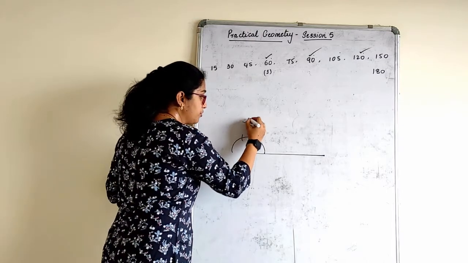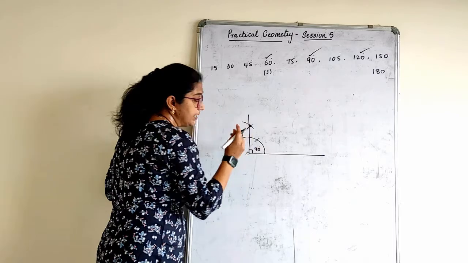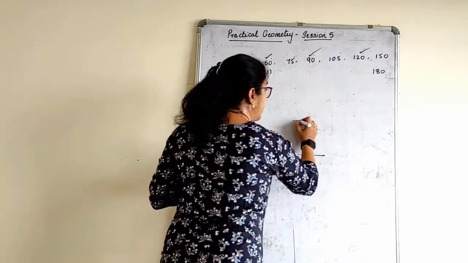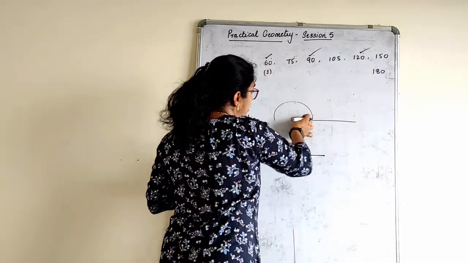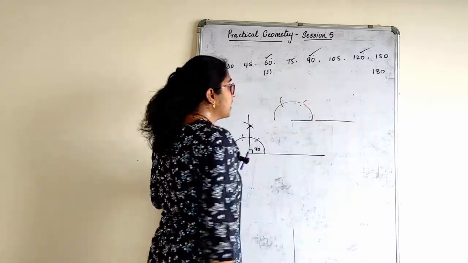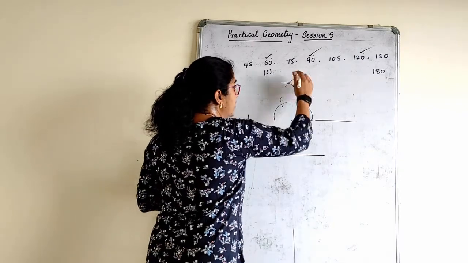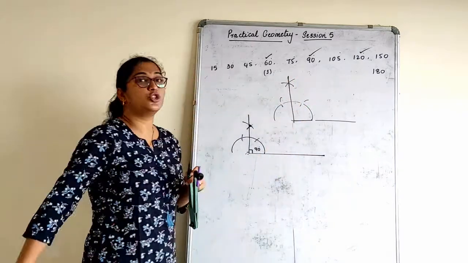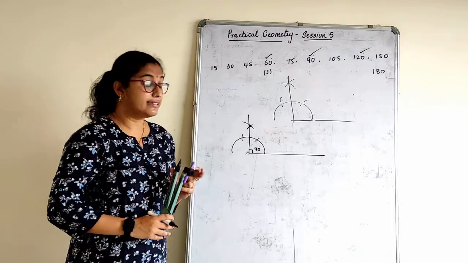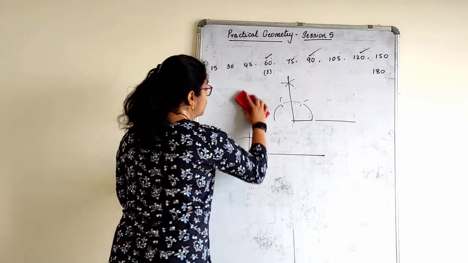This point of contact to this point is 90. How is 90 done? When you draw an arc here, the first arc will give you 60, the second arc will give you 120. From here an arc, and from here an arc. When you join this point, that gives you 90 degree. 90 degree is very clear. Let's move on further.